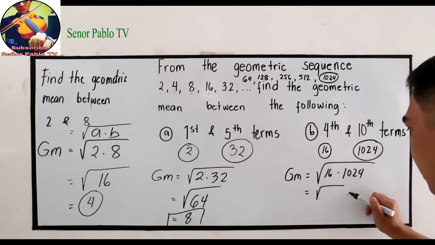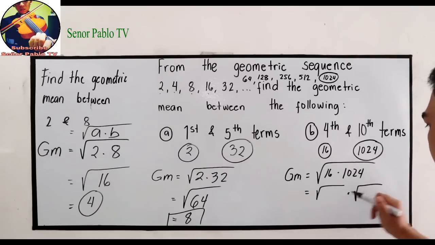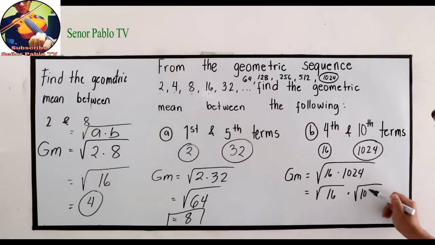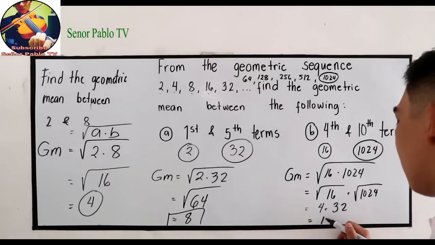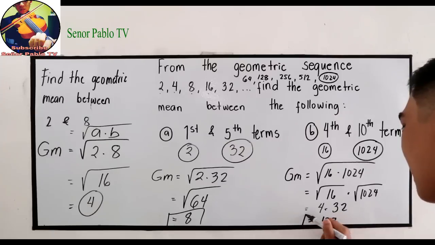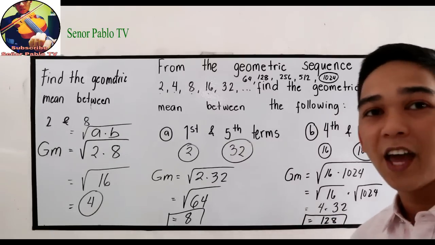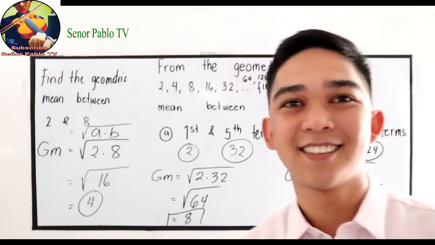Pwede natin yung isulat na square root of 16 times square root of 1,024. Square root of 16 is 4, times square root of 1,024 is 32. So, final answer natin, 4 times 32, that is 128. So, ayan po si geometric mean.